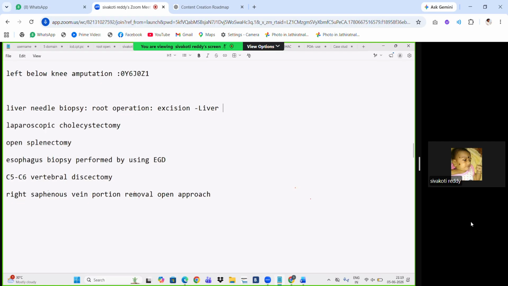Anyone find liver in the index? Yes, sir. 0FB. 0FB is there, sir, in the index.